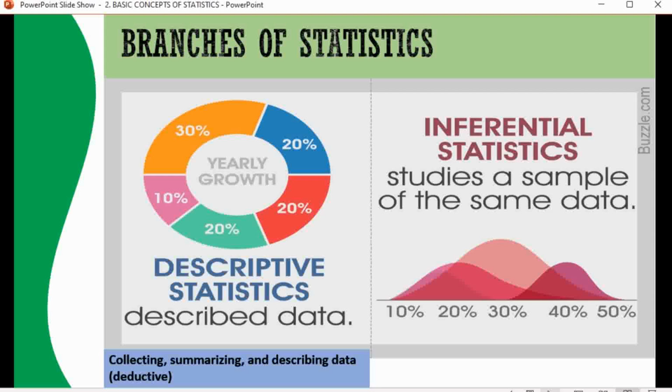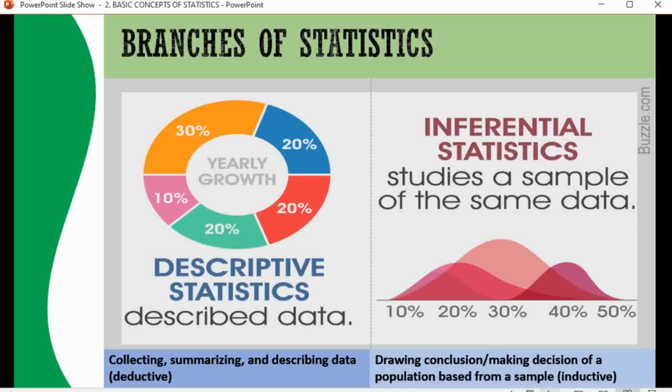Inferential, on the other hand, is when we only focus on a certain part of the voting population. For instance, if we only focus on the voters living in NCR or living in Region 11, that's simply inferential statistics.